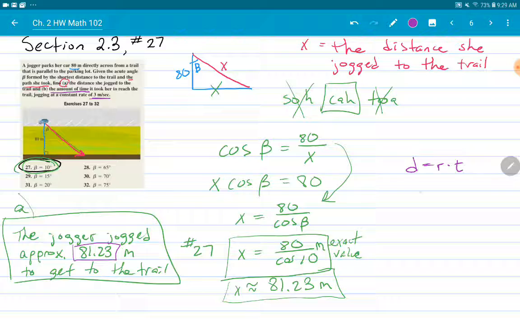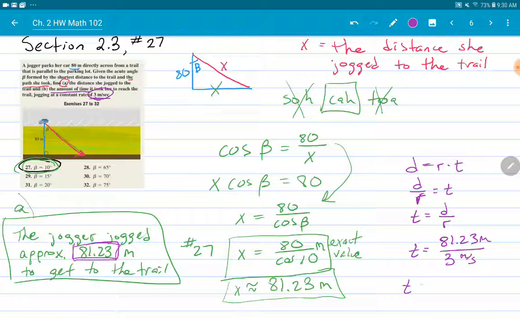I'm going to divide both sides by R and then I'm just going to get that D over R equals T. I'm going to switch the order because I like getting that single variable on the left. And D is the answer we found in part A, which is about 81.23. And R, they've given it to us in the question, which is 3 meters per second. And the meters cancel, and I'm going to be left with just seconds.